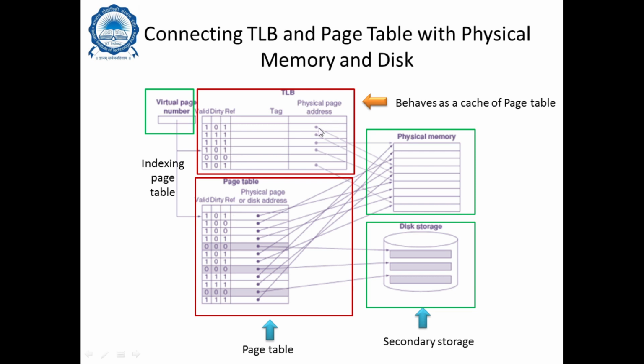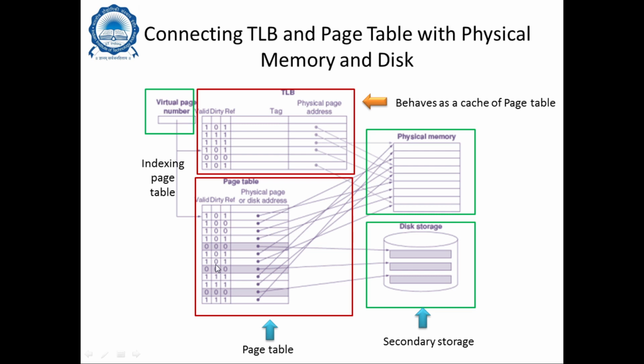Whatever is present here will certainly be present here. These are all pointing to this particular location. Now translations that are not present inside the TLB could be present inside the page table. The page table will certainly have all the information of the TLB, plus some additional translation information.